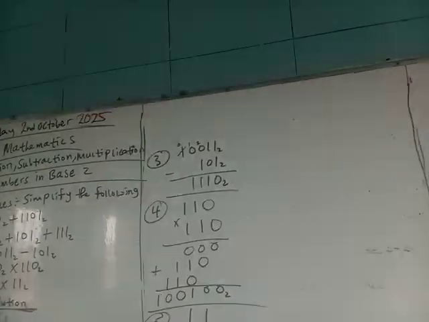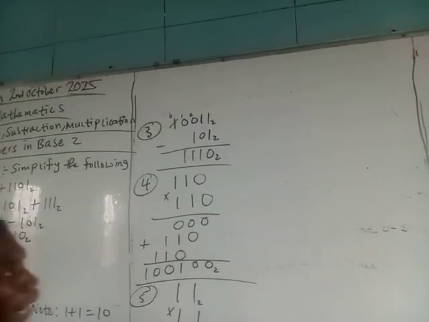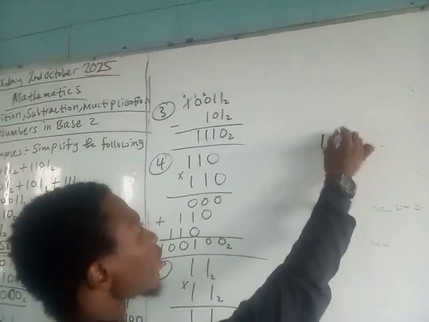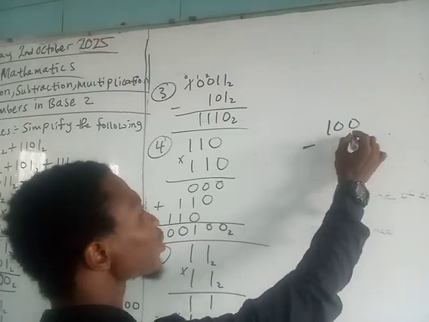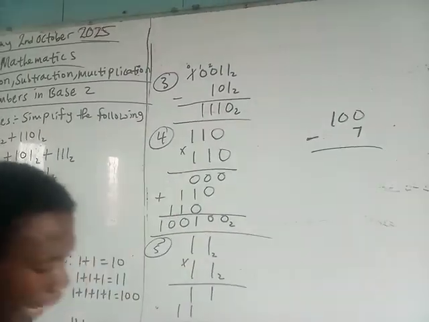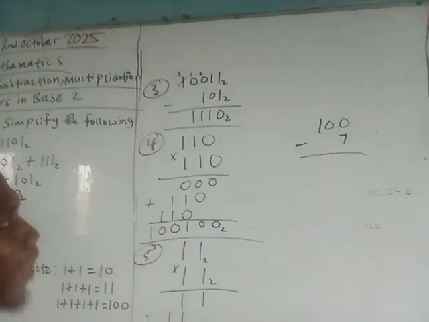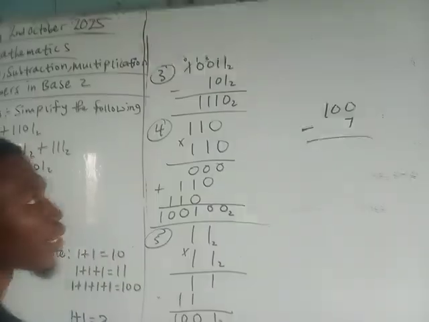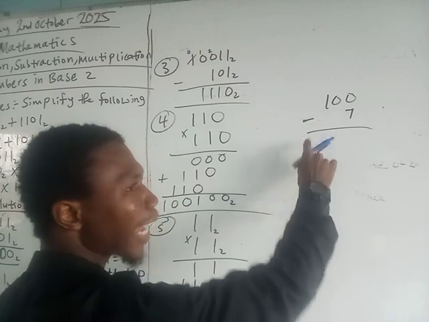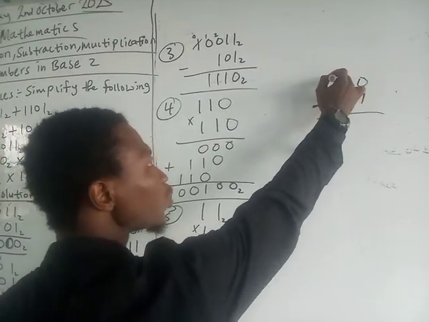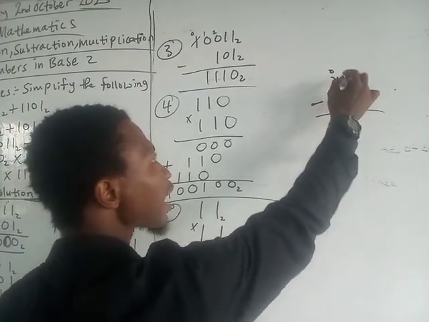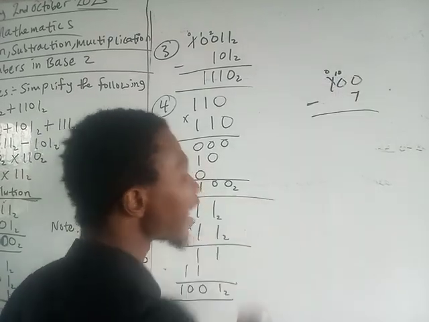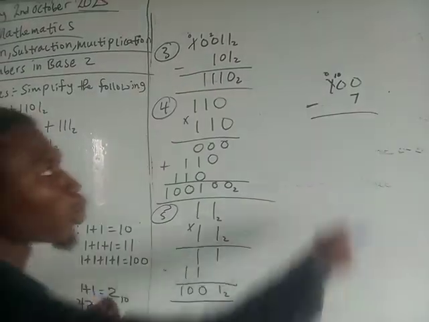Then the aspect of subtraction. In base 10, if you are borrowing, say 100 minus 7, 0 cannot minus 7. You have to borrow from this, and this doesn't have. So you borrow from this, and here remains 0. What you borrow is 10, the base.